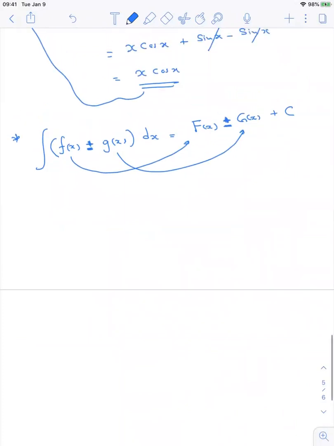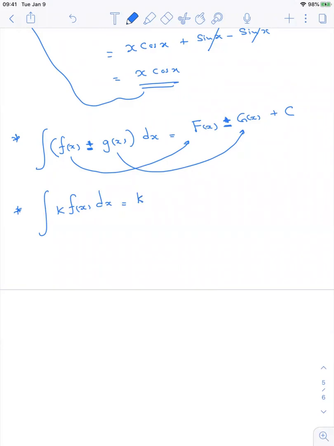And the next one is, if you have a constant times some kind of function f(x) times dx, then you can actually keep the constant out of the integration.